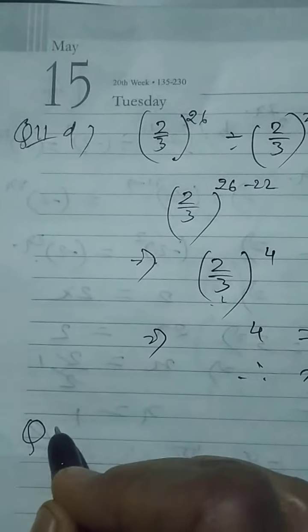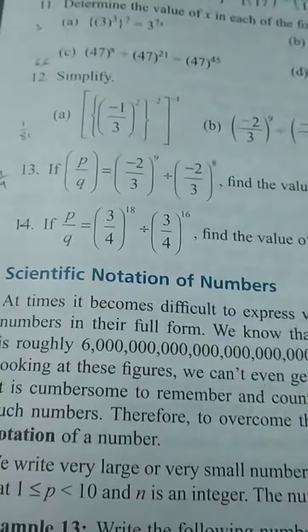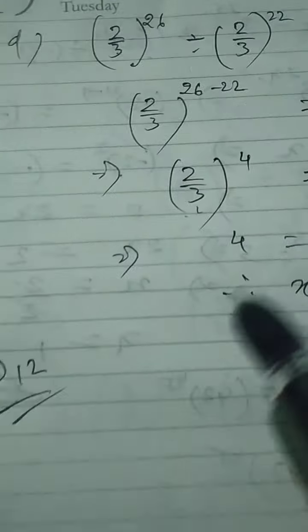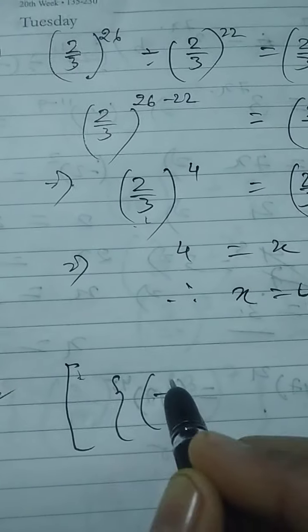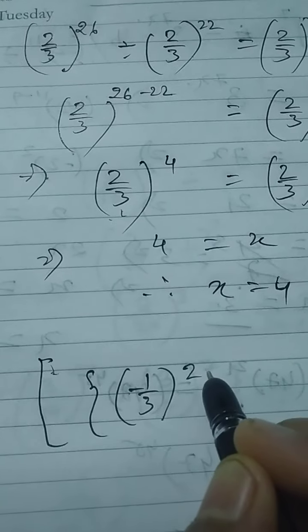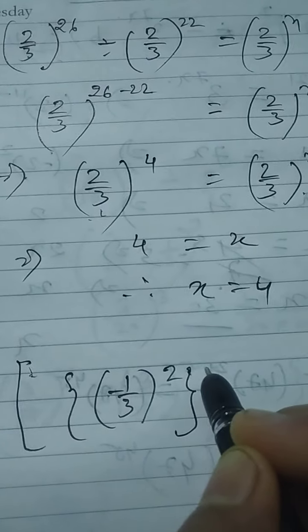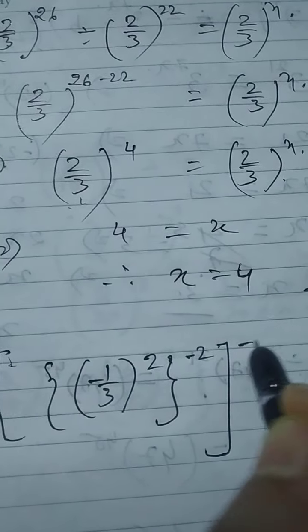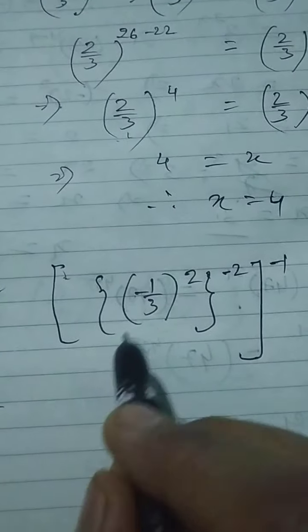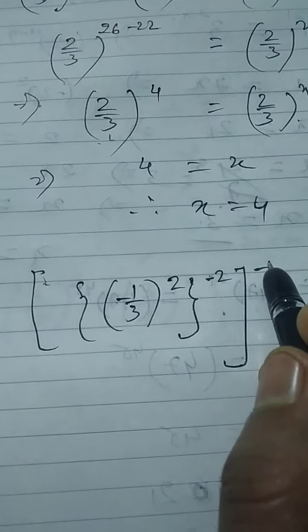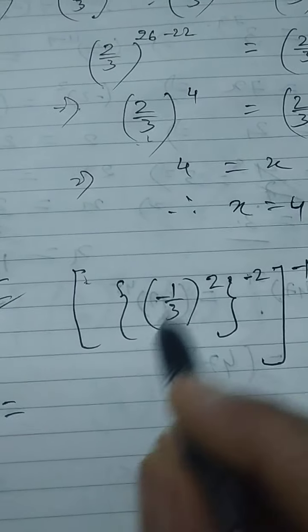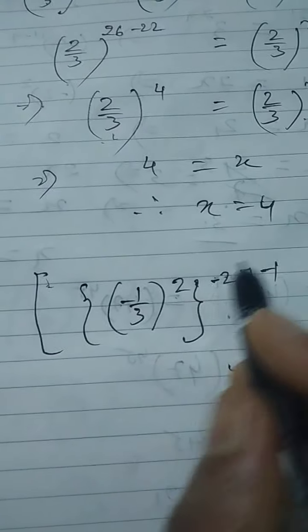Clear? Now question number 12. Simplify. You have to simplify and express this not in exponential form. Whenever simplify is written, it means you have to break it and write its proper value. Now you can see minus 1 by 3 to the power 2, to the power minus 2, to the power minus 1. Power over power, we will multiply the powers.